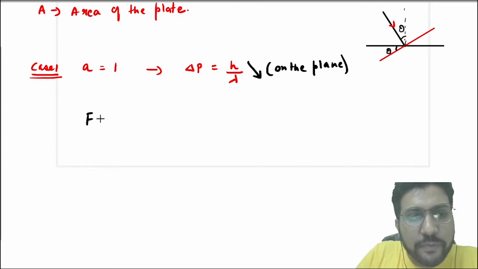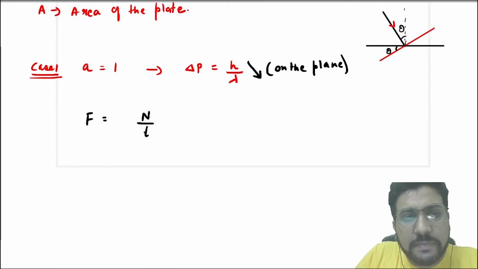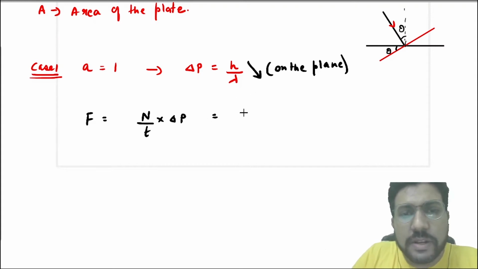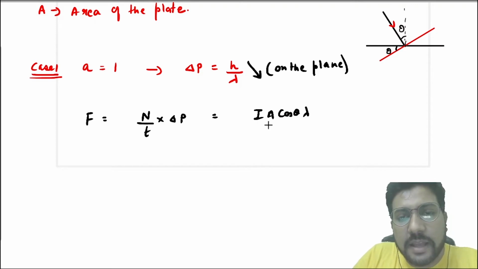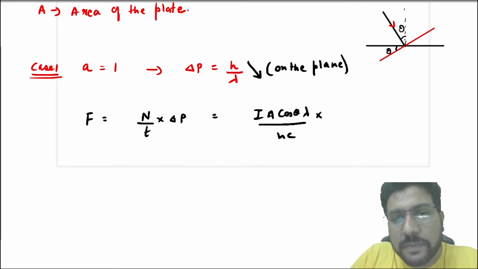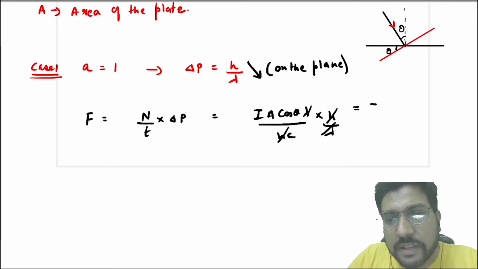All right, so we have found out the change in momentum due to one photon. You know that the force is n by t multiplied by the change in momentum of one photon. So that will be equal to n by t is I A cos theta lambda by hc multiplied by h by lambda, and from this you will see that the force comes out to be I A cos theta by c.